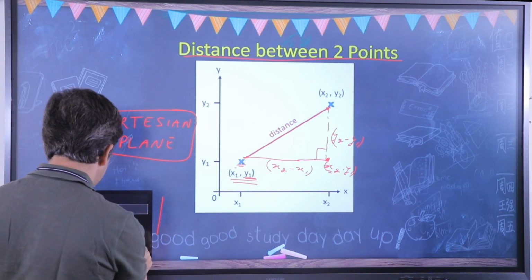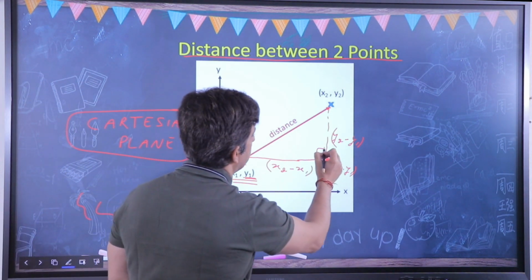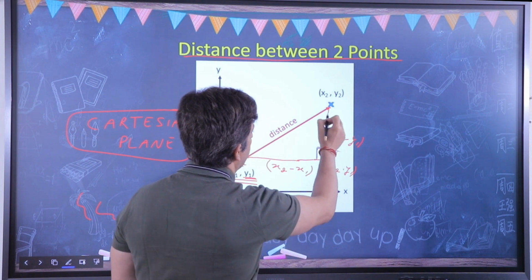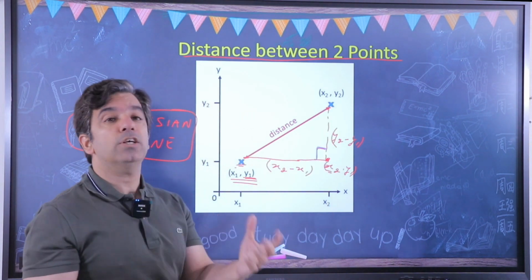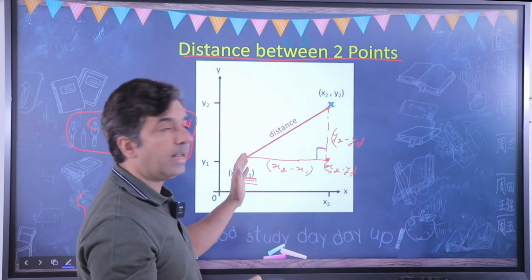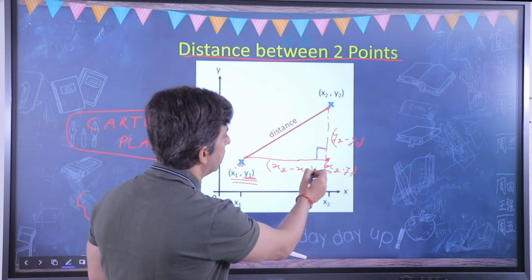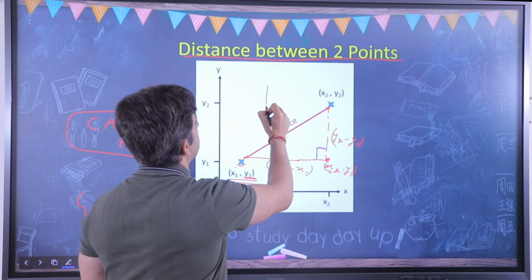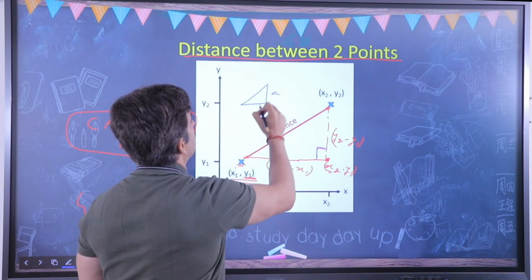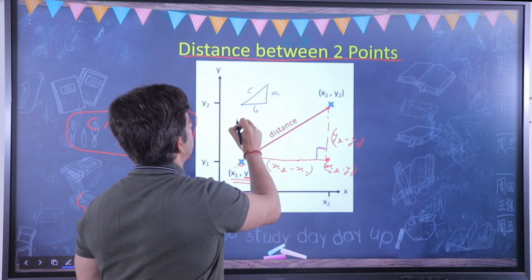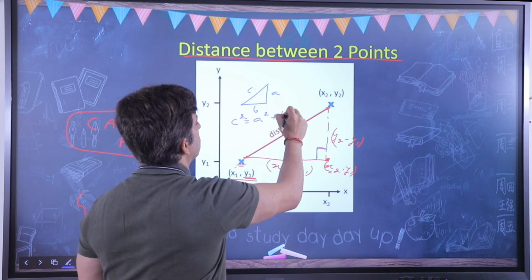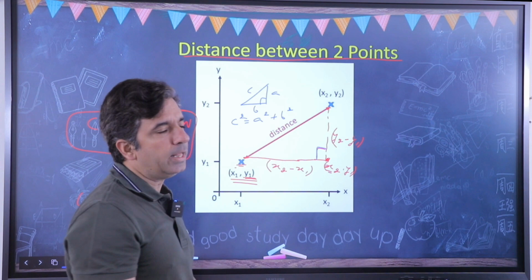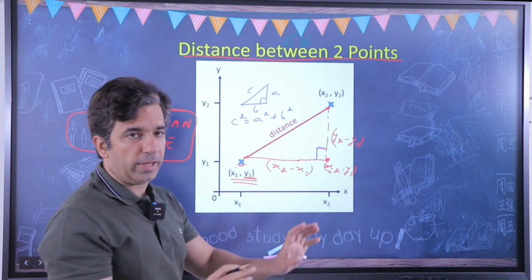If we directly apply the Pythagoras theorem to this right angle triangle, where this is A, this is B, and this is C, we know that C square is equal to A square plus B square.